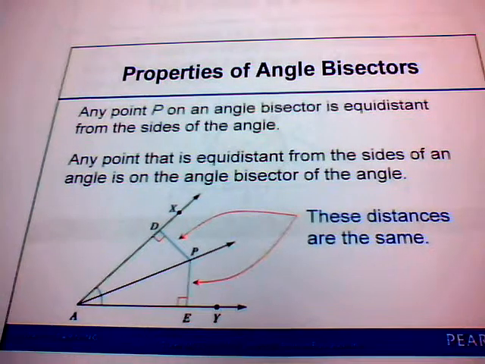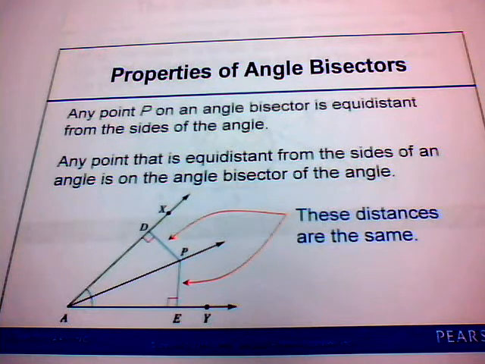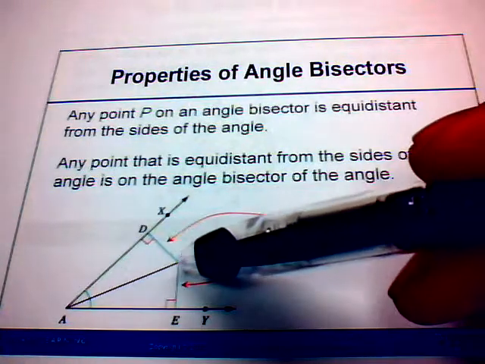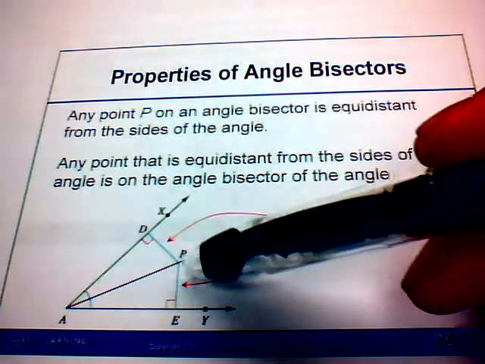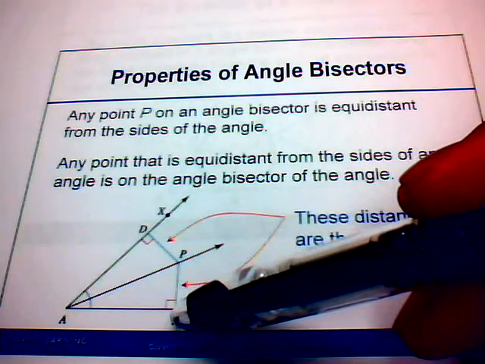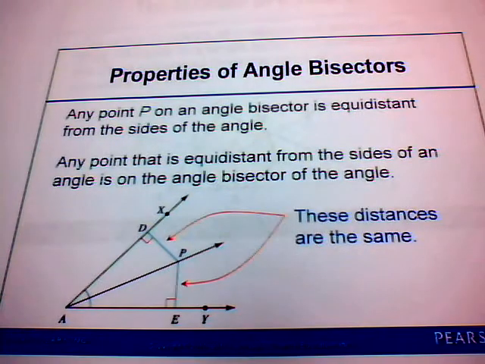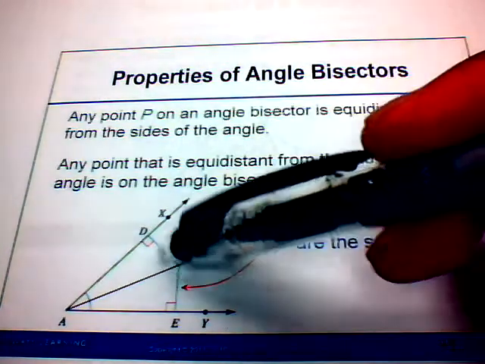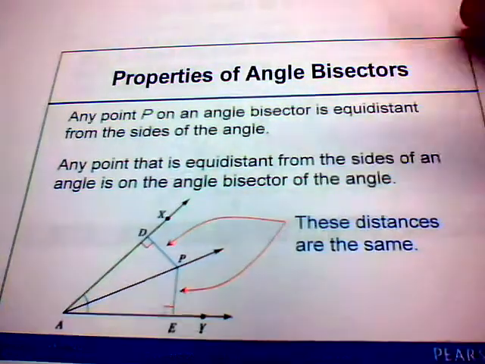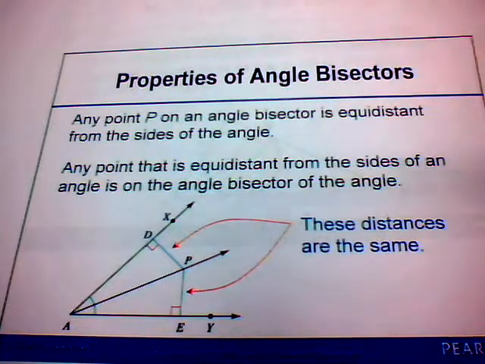And any point that is equidistant from the sides of an angle has to be on the angle bisector of the angle. So if point P has the same distance to D as to E, then point P must be on the angle bisector. Okay, so the length of PD is congruent to the length of PE, because those distances are the same.